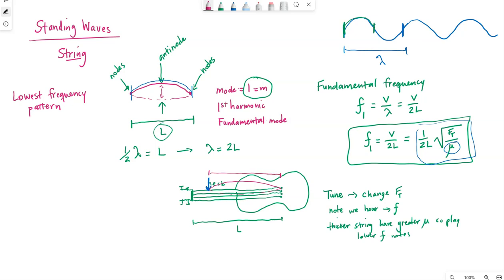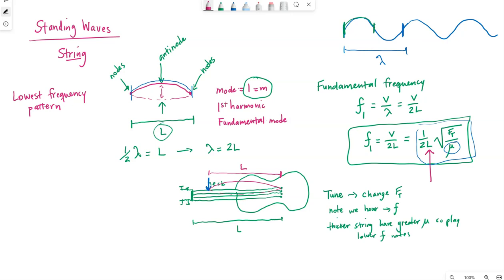But if I was to pluck that string, the portion of the string that would vibrate is only from where my finger is to where the string connects down here. So by putting my finger down, I'm shortening the vibrating length of the string. In my equation, that's what this L is. If I shorten the string, the portion that's vibrating, then the frequency that it vibrates at is going to be higher.